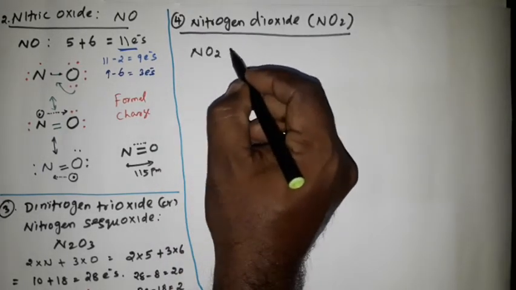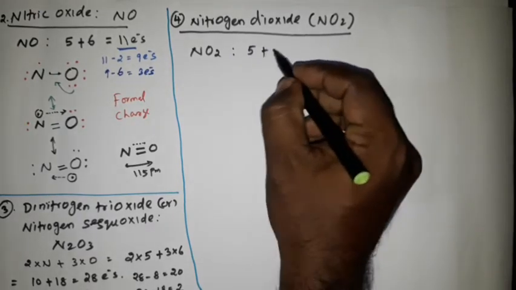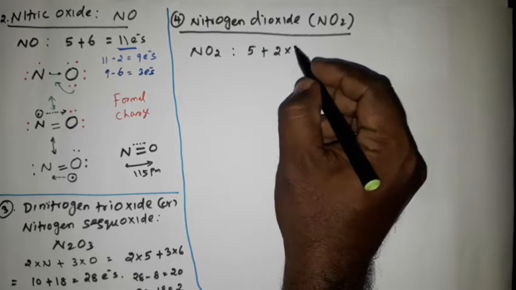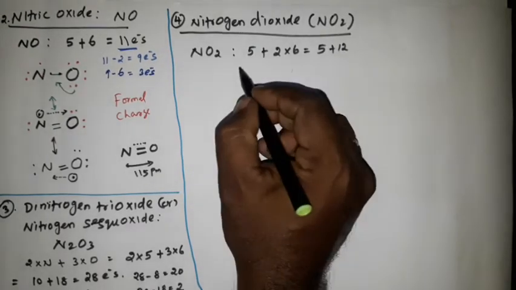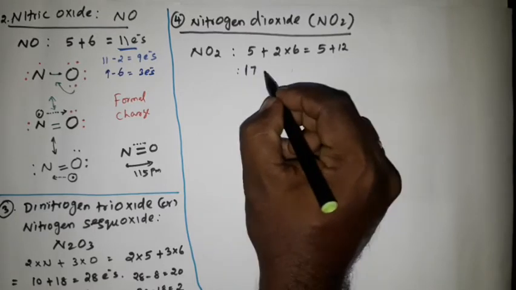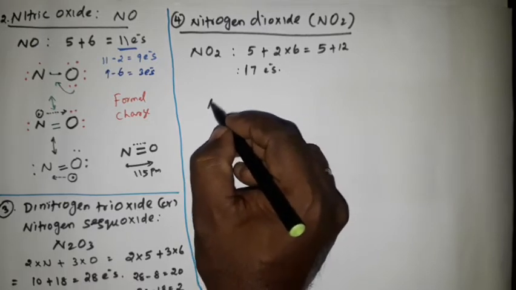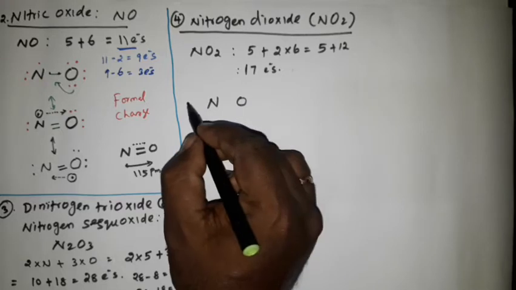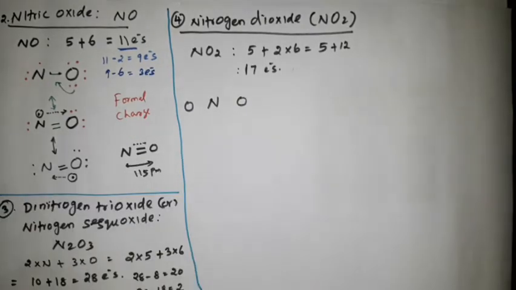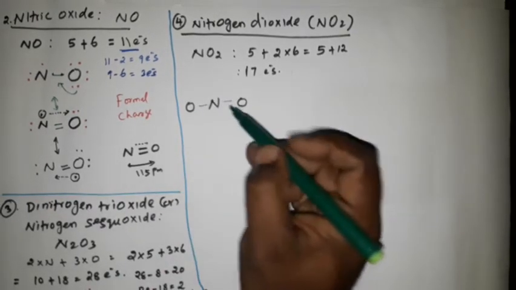Then NO2, calculate the valence electrons. 5 plus 2 into 6 equal 5 plus 12, that is 17 electrons. Okay. Now draw the structure. Nitrogen, one oxygen this side, another oxygen this side. Now make single bond between these two atoms.